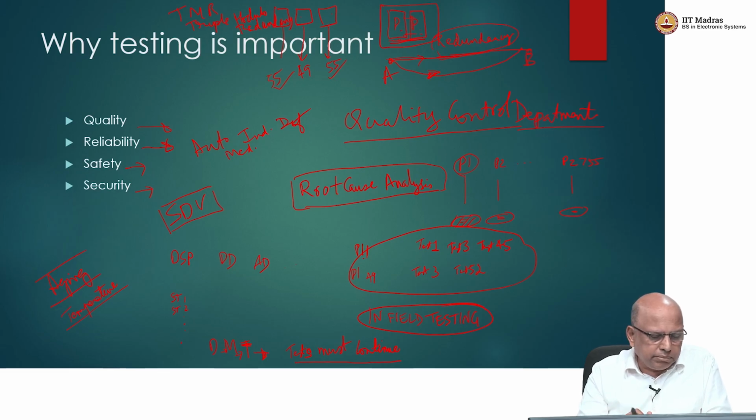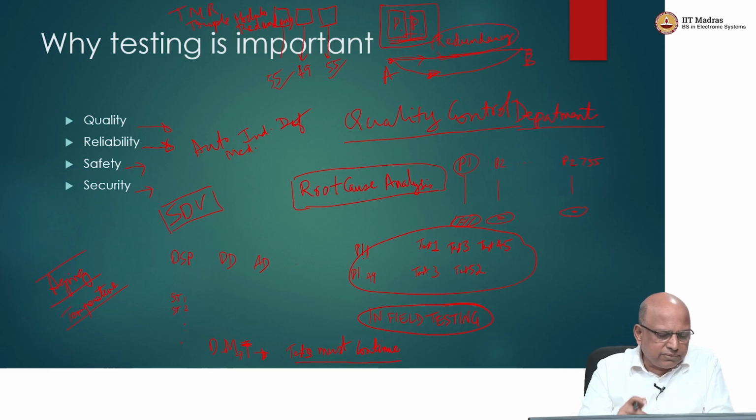So, at that time some tests may have to be done, and the system will sort of test itself to verify whether it is good to go. If it finds a problem, it will possibly come back and say that, sorry, I am not safe to go. You must take me to a repair shop and get me repaired. So, testing continues in the field as well. Field means after it is put to use.